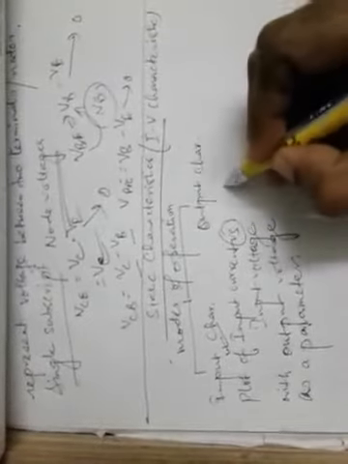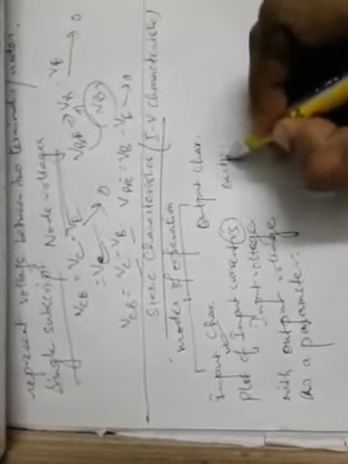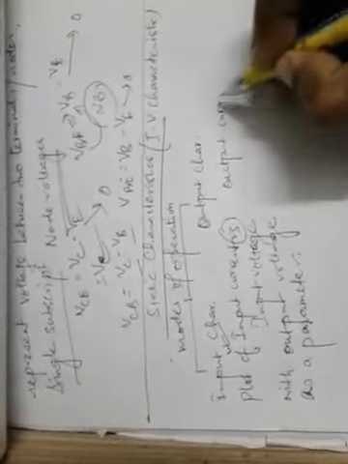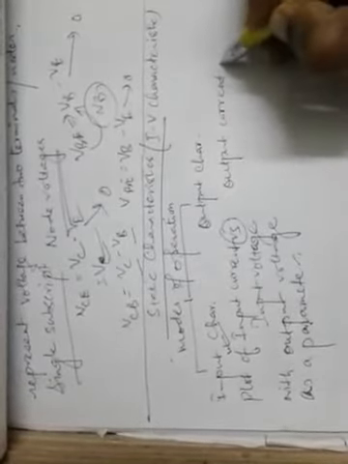Similarly, the output characteristics is output current versus output voltage with input current as a parameter for the particular mode of operation.